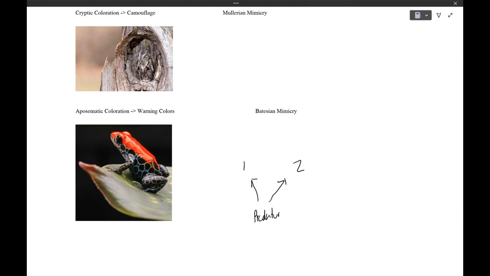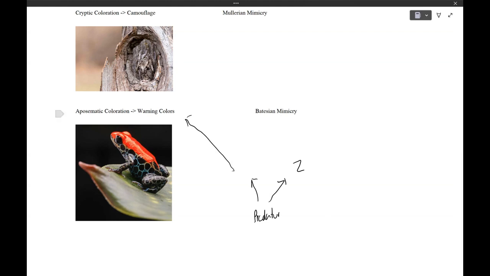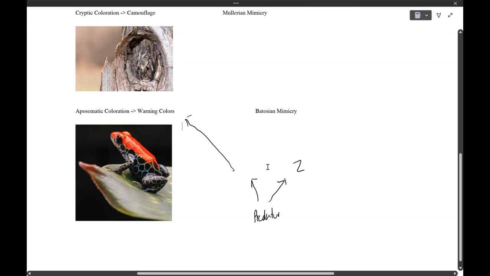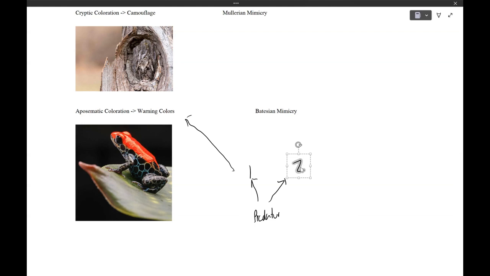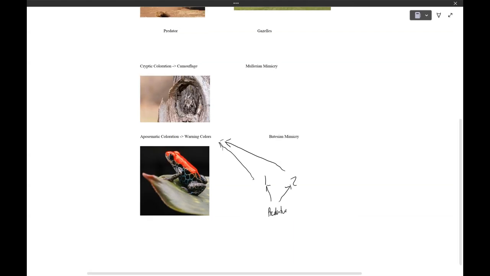Now let's say that species 1 evolves to become very poisonous, so they use aposematic coloration. The predators eventually know that species 1 is poisonous. Now species 2 takes advantage of this. They themselves might not be poisonous, but they will have the same coloration as species 1. So the predators typically get tricked because they both have the same coloration. It's going to be hard to tell them apart.